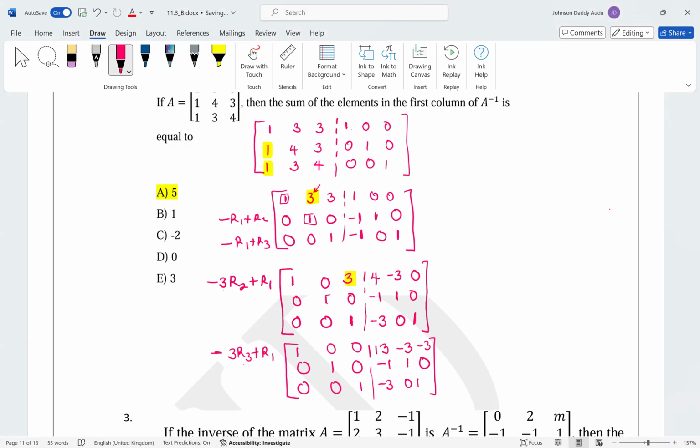So here we are using this as what? As a pivot. So we will have minus 3 times this is still 1. This will give us 0. This will remain as 3. We'll have 3. So minus 3R2. So you have 3 plus 1.